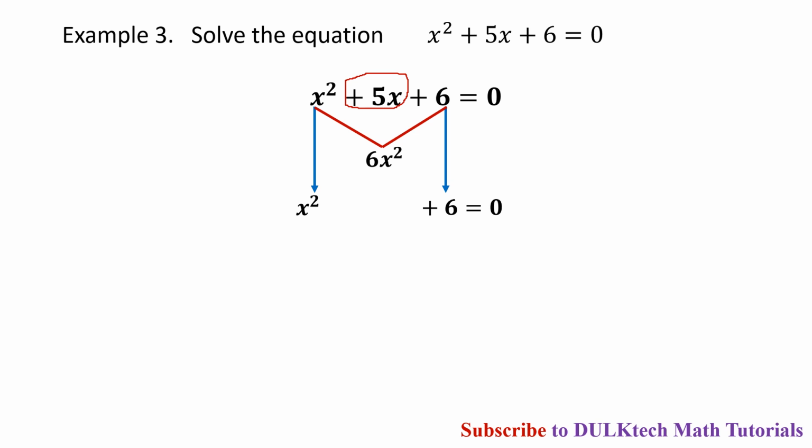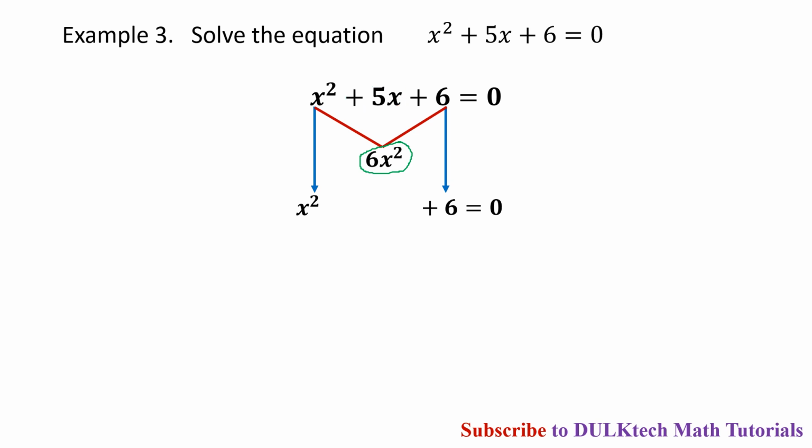Now we are looking for the factors of 6x squared whose sum is 5x. Two numbers which when multiplied give us 6x squared, but when added give us 5x. And these numbers are 3x and 2x.